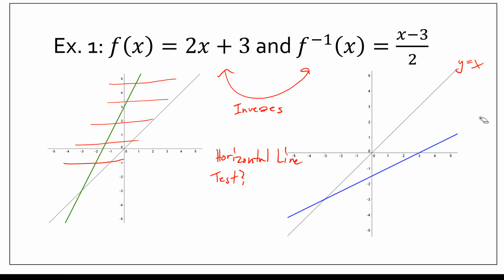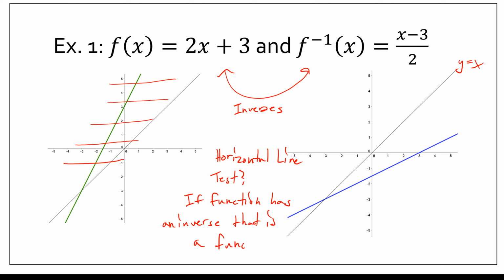So the horizontal line test tells me if the function has an inverse that is a function. And this is a little bit confusing.